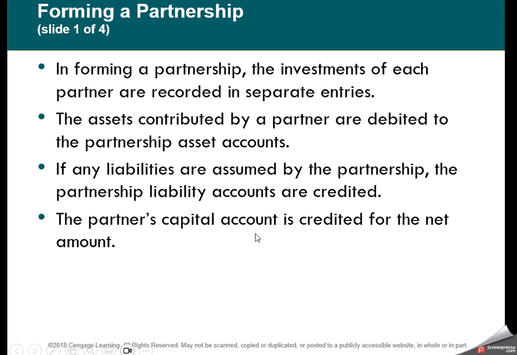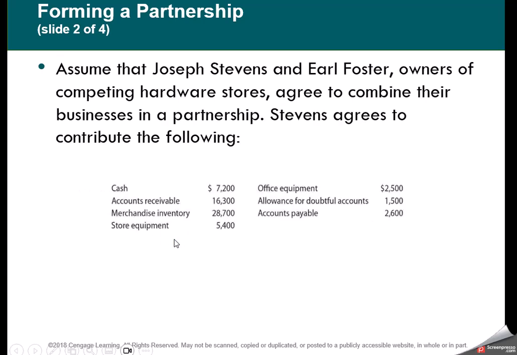To form a partnership, again, it's fairly easy to do. When we look at it from an accounting standpoint, we're going to look at what assets are contributed by each partner, and then what liabilities are assumed by the partnership, and then the net of what they're bringing is going to go into their capital account.